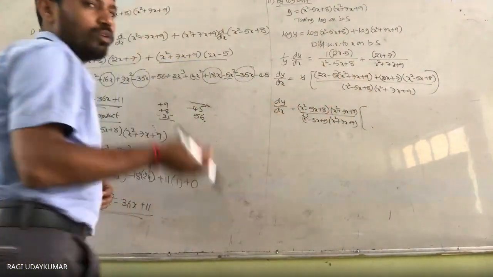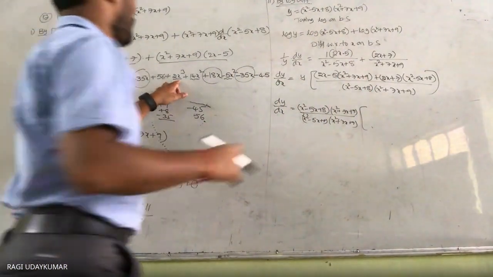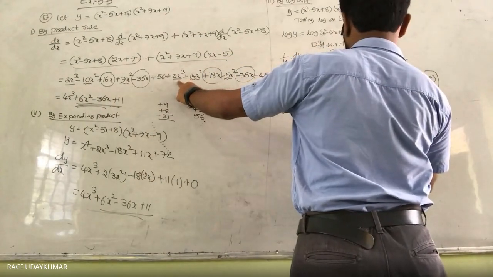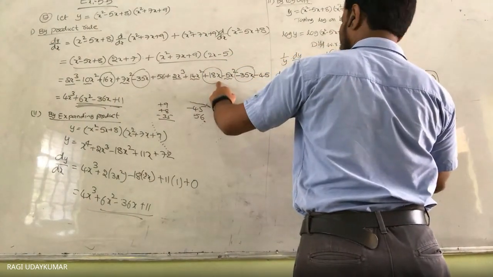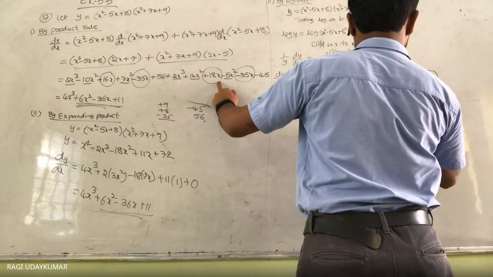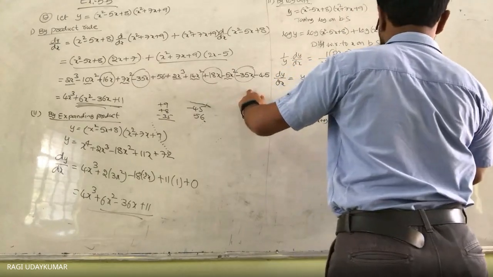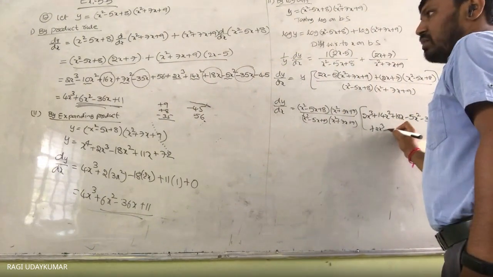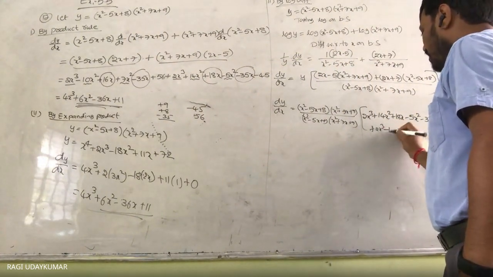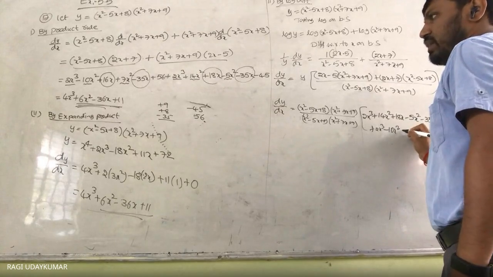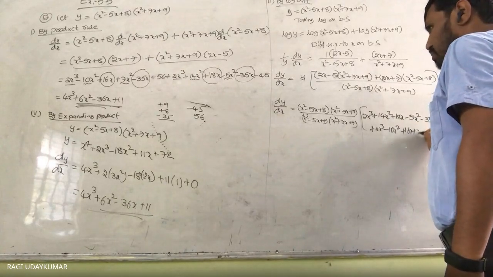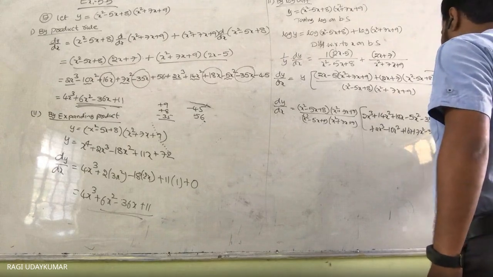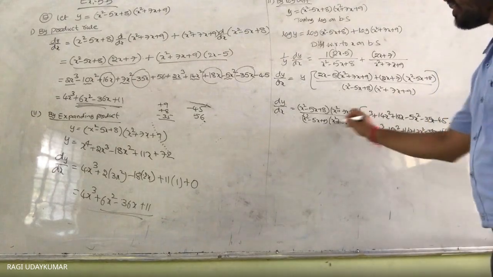So as expanding, थोड़ा सा logic use करके इधर से ये पहले लिख दिया तो हो जाएगा 2x cube plus 14x square plus 18x minus 5x square minus 35x minus 45. Next, second one, plus 2x cube, sorry, minus 10x square plus 16x plus 7x square minus 35x. थोड़ा लॉजिक यूज करना है बस, और कुछ नहीं, ये दोनों कैंसिल हो जाएगा.